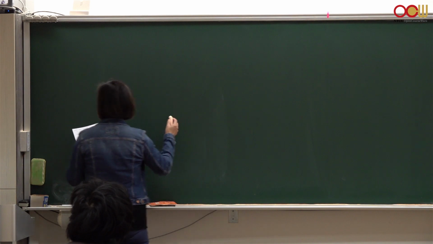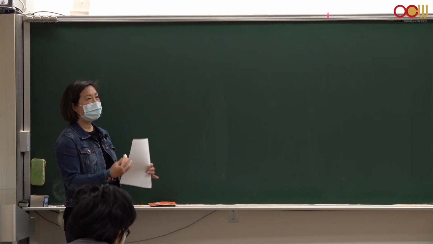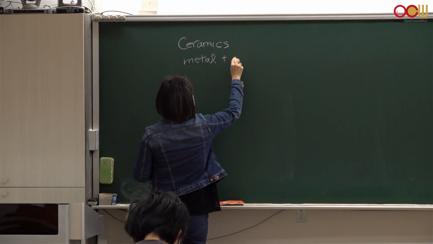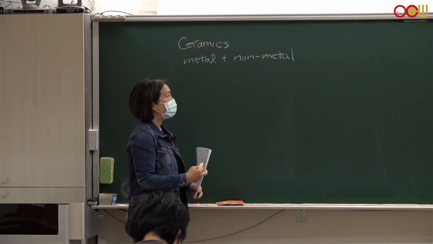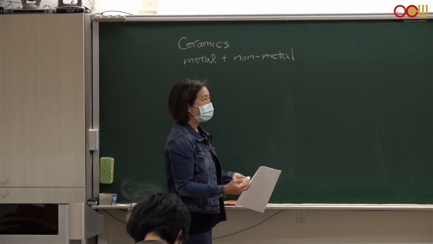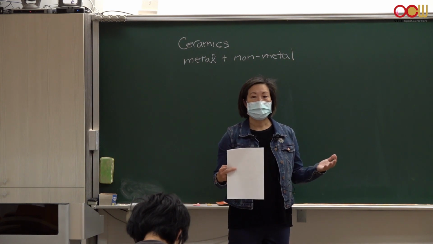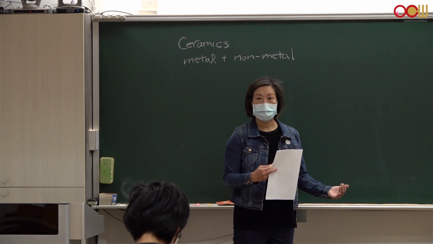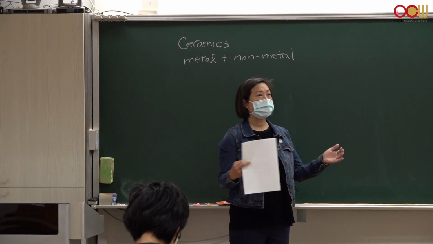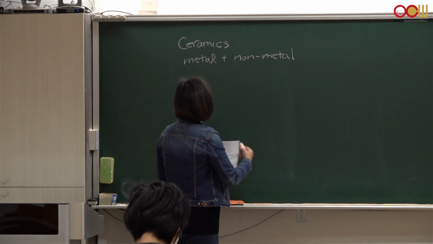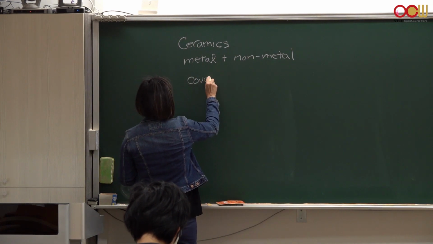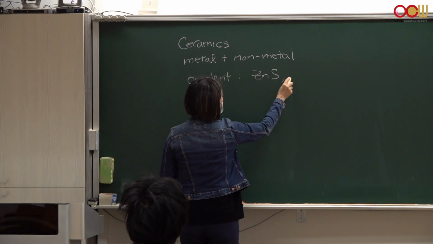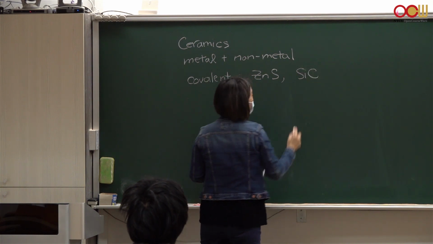Ceramics are a metal and non-metal compound material. A metal element plus a non-metal element. And depending on where these elements sit on the periodic table, they could be mostly ionic in terms of bonding or mostly covalent, right? So if they're similar in electronegativities, you can have covalent bonding, such as in zinc sulfide or silicon carbide.